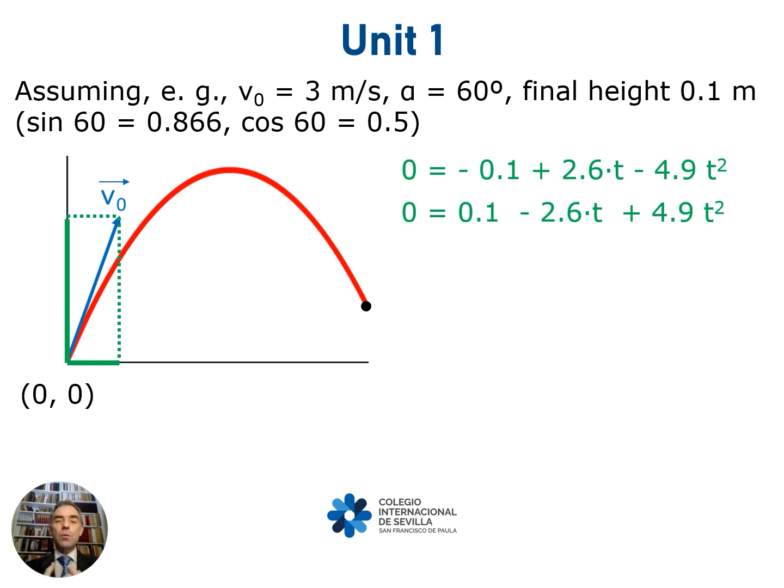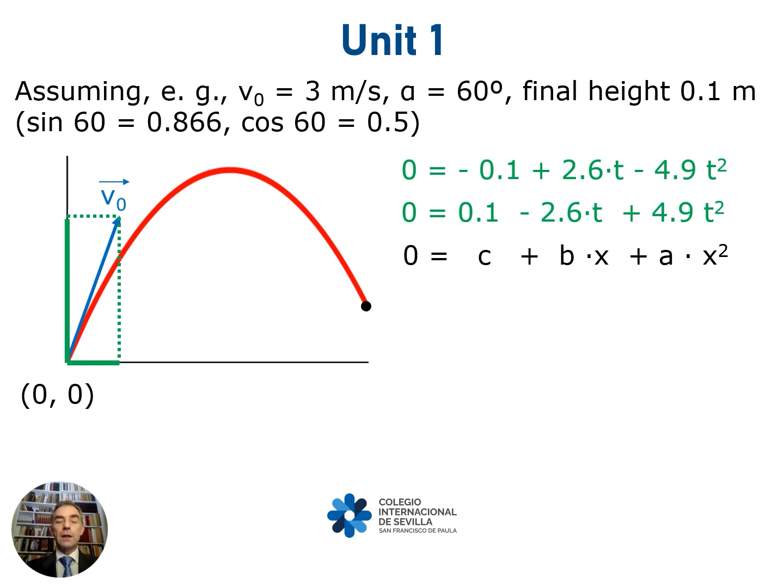Dr. Mathematics, which is a great friend of us, and he will become an even greater friend, would tell us that this is a quadratic equation, and the general expression of a quadratic equation is 0 equals a times x squared, the coefficient of the unknown squared being a, plus b times x, the coefficient of the unknown to power 1 being b, plus c, which is the independent term.